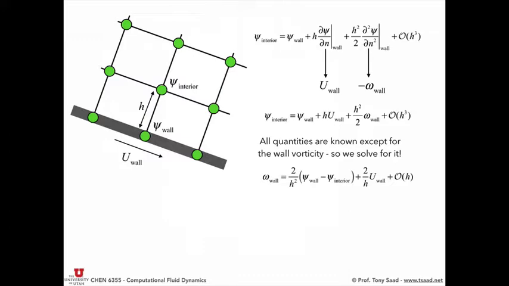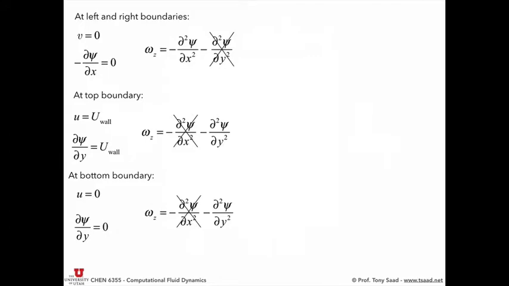But something amazing happens here. First, you recognize that dψ/dn, where n is the normal direction, so this could be x, could be y, I'm writing this in the normal direction, is u wall, right? Because dψ/dy was u wall. If you go back to the previous slide, remember dψ/dy was u wall.